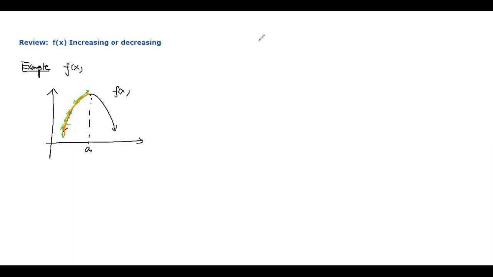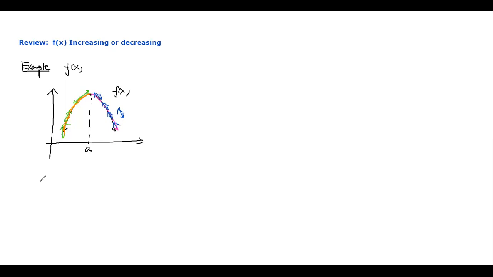Then the same way, you go back to the other side, this side here, and we know this function is decreasing. If you take the tangent line along this curve, you see the slope of the tangent line is always negative.